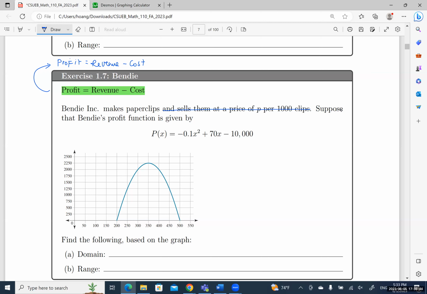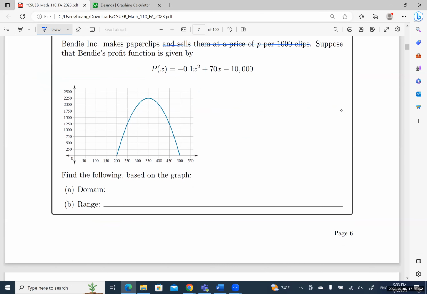So we have the profit function and we have the graph here. According to the graph, go ahead and tell me the domain and the range. Put it down for me.